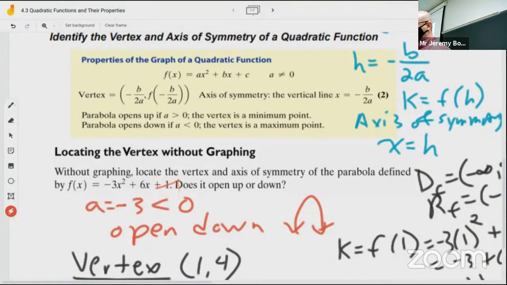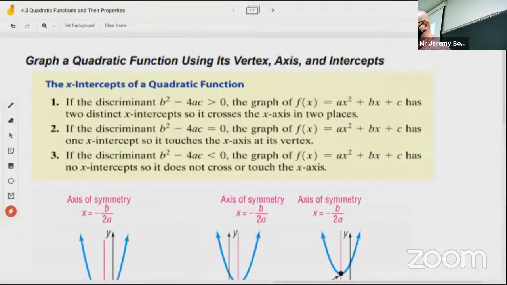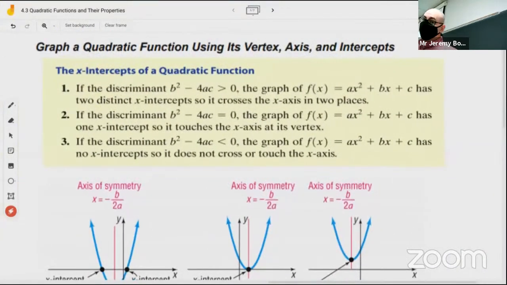Just a 1, right? So the y-intercept is just c. Whatever c is gives you the y-intercept. Which is nice. The x-intercept is a little bit tougher because if you set that up, it becomes a quadratic equation, like the last one we just did.